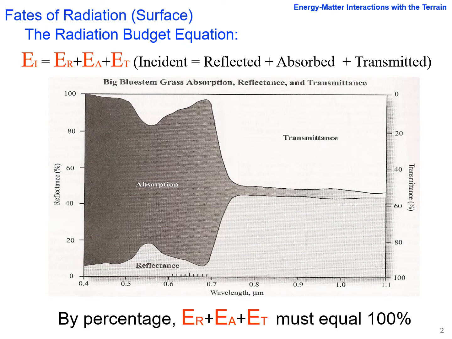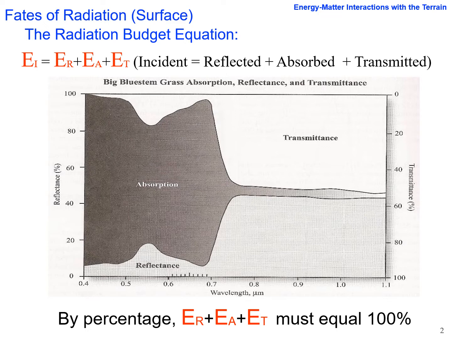This diagram gives you reflectance, absorption, and transmittance as a function of wavelength from 0.4 micrometers to 1.1 micrometers, and then the y-axis is either reflectance on the left or transmittance on the right.